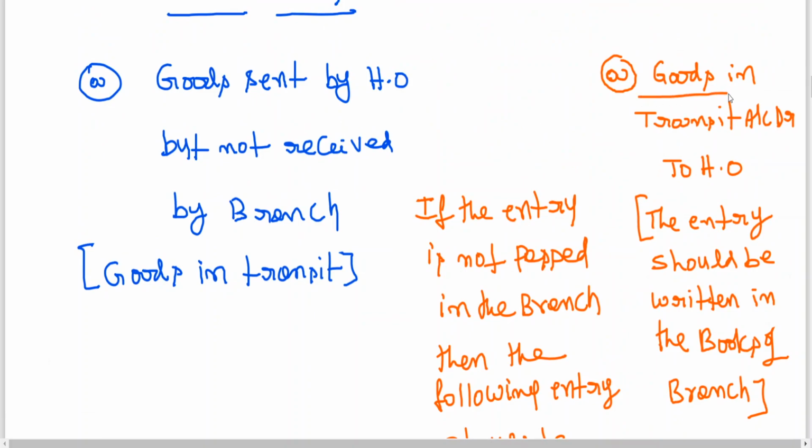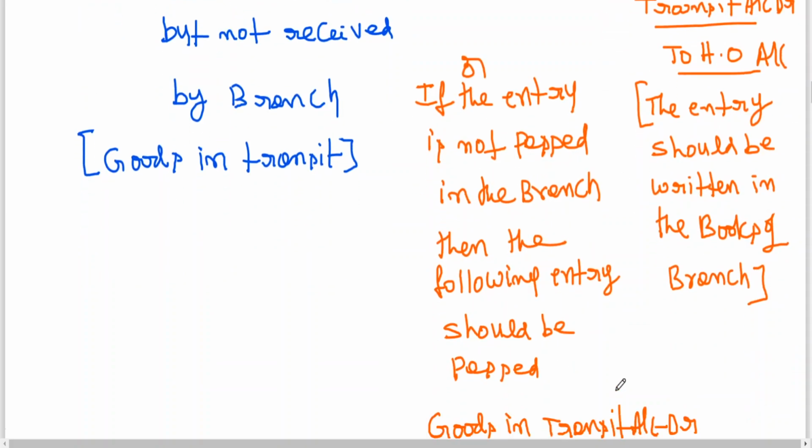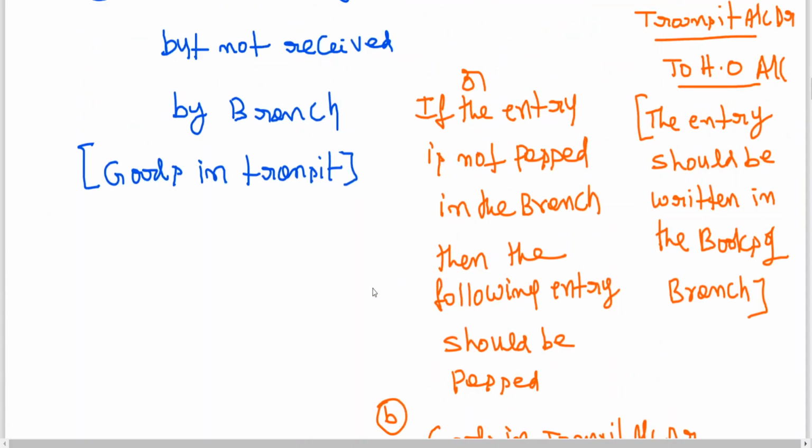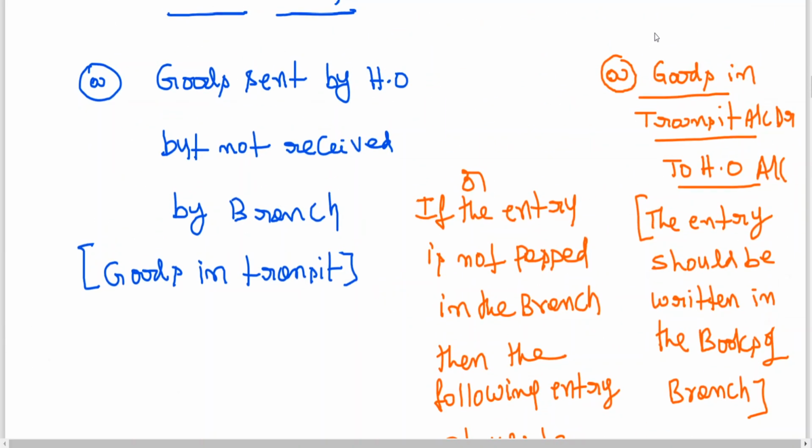First, you should write the entry here: goods in transit account debit to head office account. I'm writing option B.